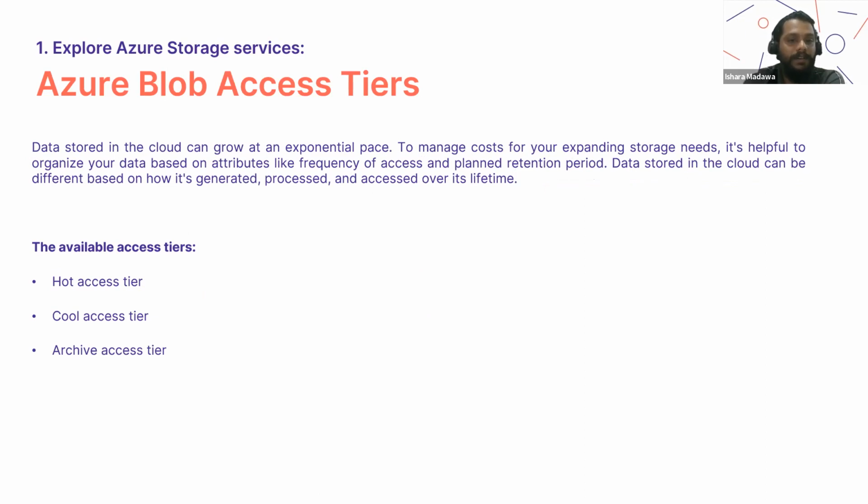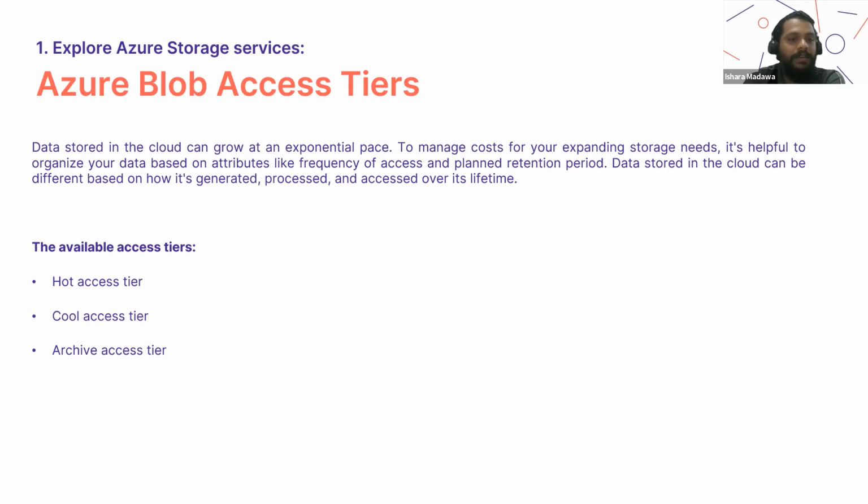We can differentiate data stored in the cloud based on how it is generated, processed, and accessed over time. Azure Storage offers different access tiers for your blob storage, helping you store objects in a cost effective manner. We have three tiers: hot, cool, and archive.